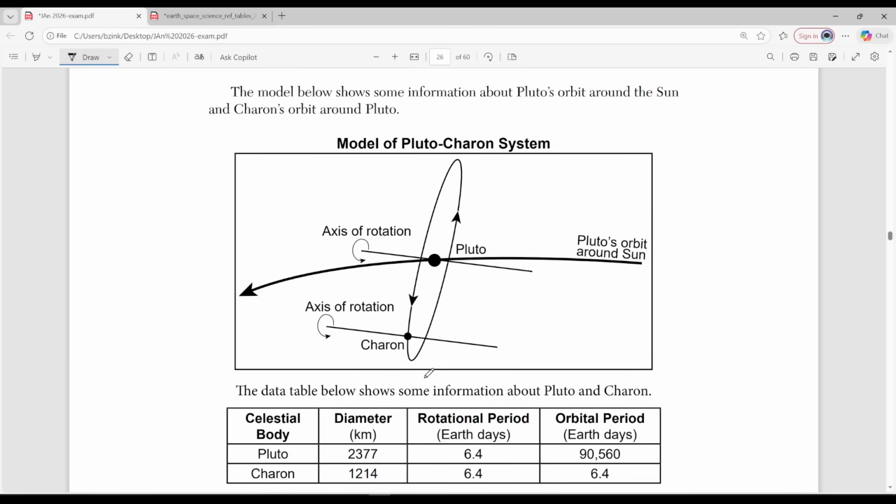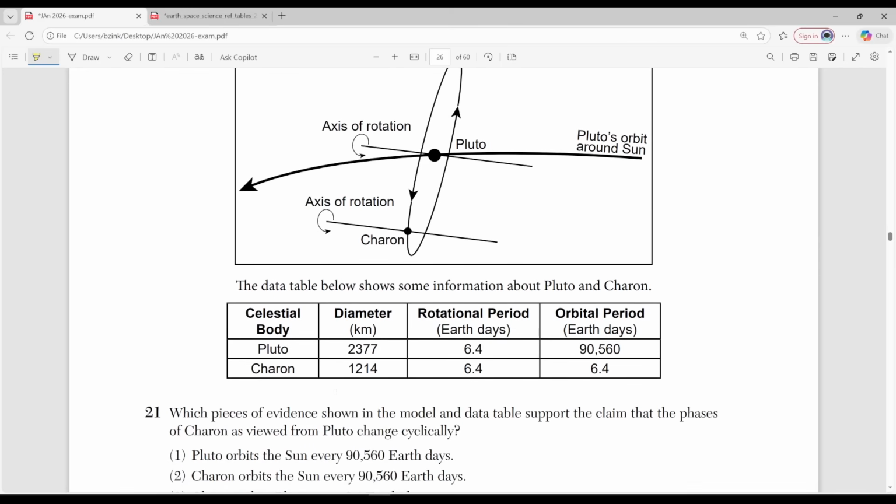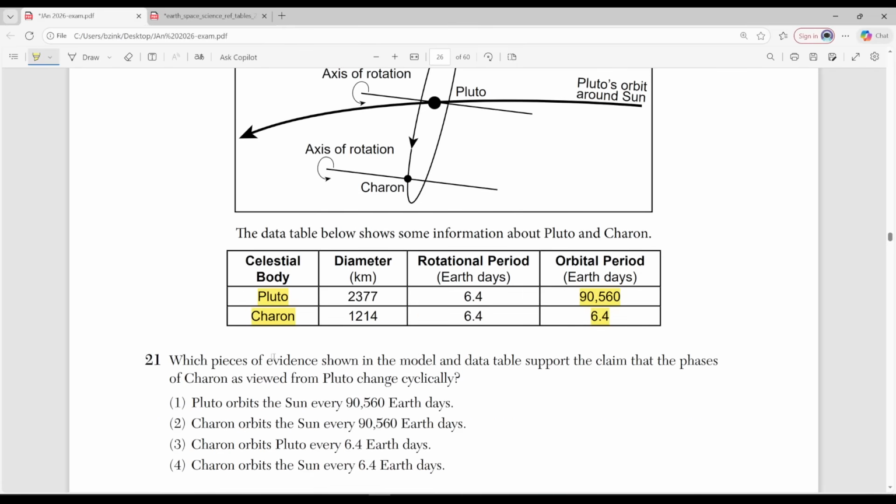Okay, the data table below shows some information about Pluto and Charon. So it looks like Pluto's orbital period is 90,000 Earth days, and Charon takes 6.4 Earth days to go around Pluto. Which pieces of evidence shown in the model and the data table support the claim that the phases of Charon change cyclically?